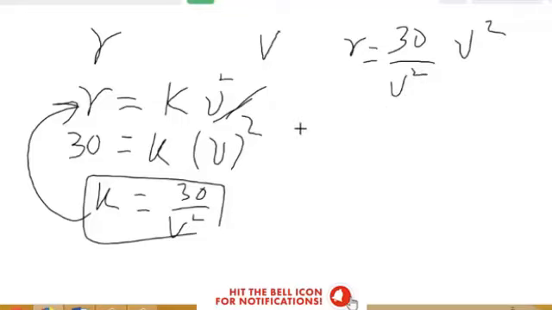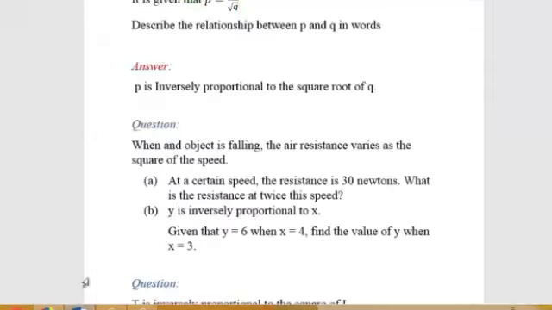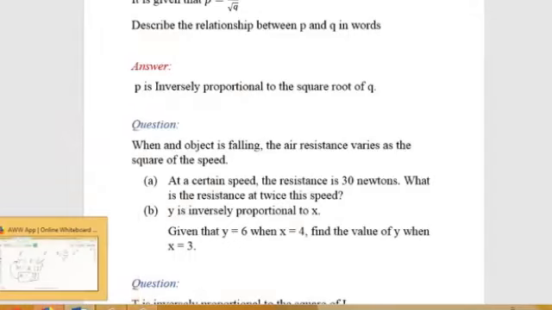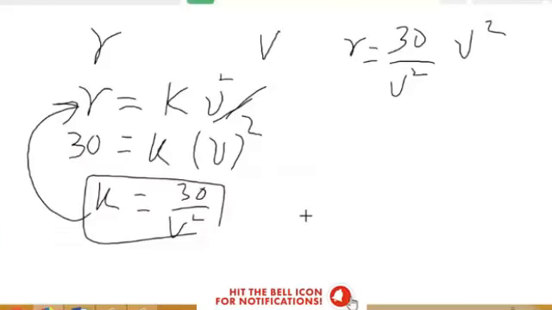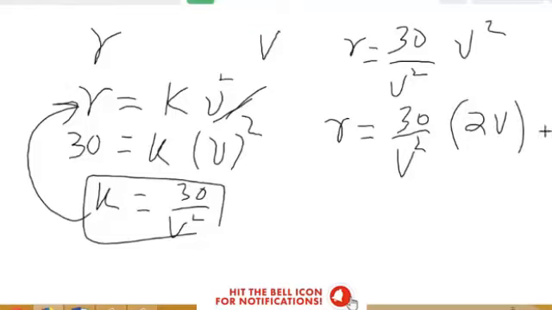Now the second information: what is the resistance at twice this speed? If the speed is 2 times, what is the resistance? I have to find resistance here. It is the value of K, V square, and the speed is twice. When speed is twice, be careful, use the brackets here, then put square over it.